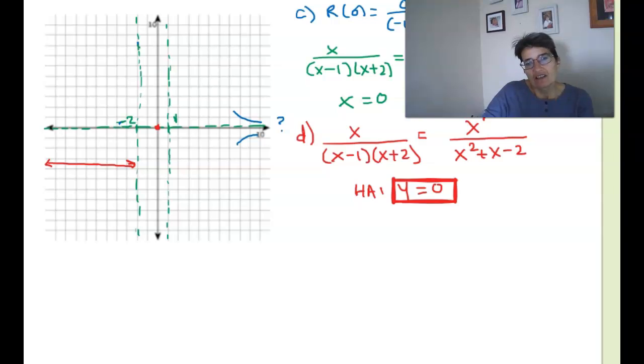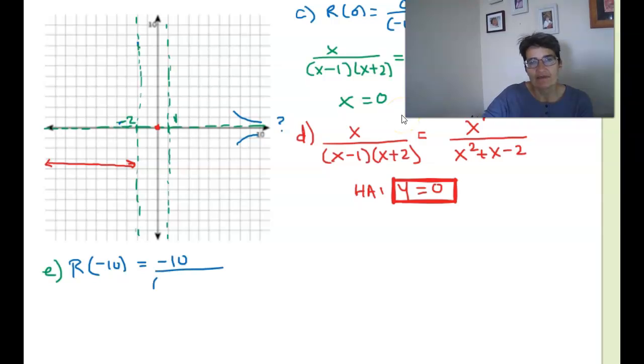Alright, so let's look at this first interval. As I say, we're going to pick some test points. I'm going to look at some x values in here: a large negative value, and one that's next to the asymptote. So I'm going to pick x = -10.